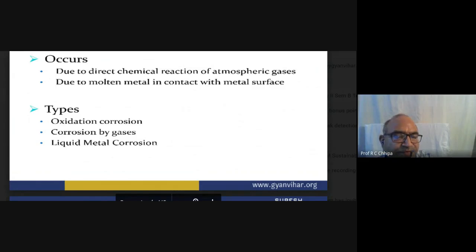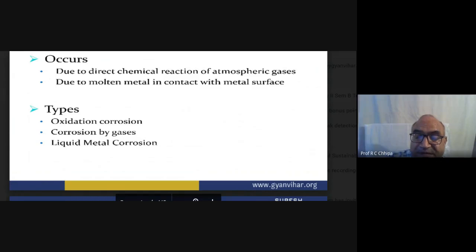Then liquid metal corrosion, for example mercury with gold. If we have gold and nearby there is mercury, what happens? Mercury is in liquid condition. This liquid metal, mercury, reacts with the metal and forms different amalgams.